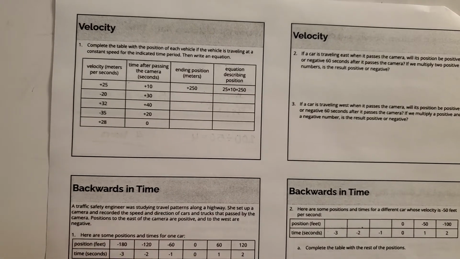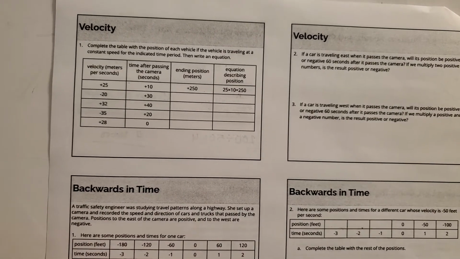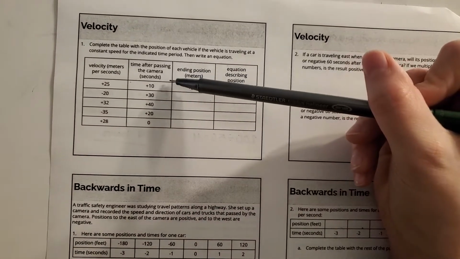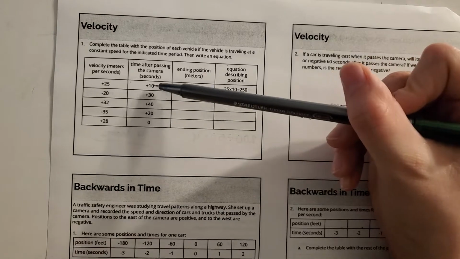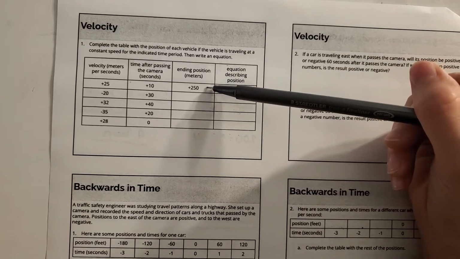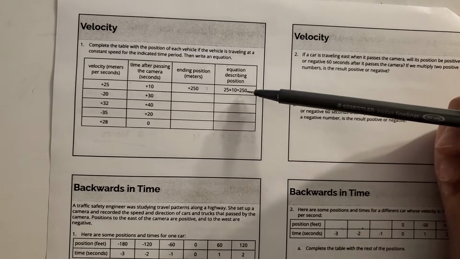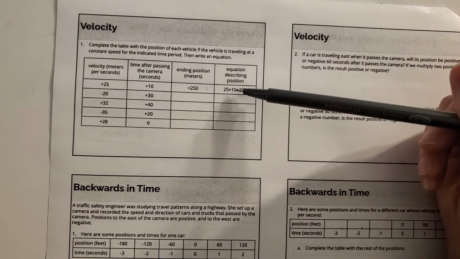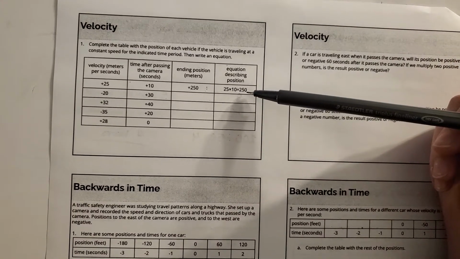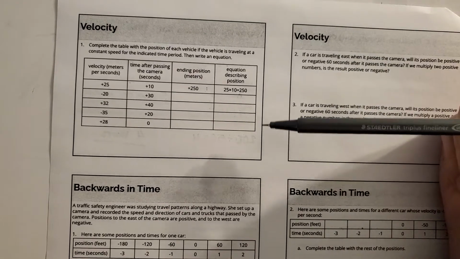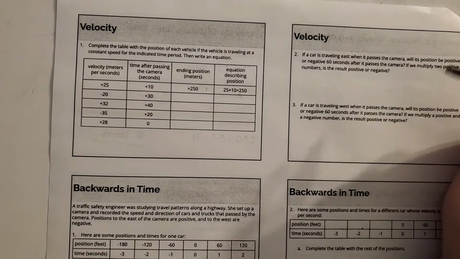Since it is a positive velocity, that means we are moving towards the east. The time after passing the camera in seconds was 10. So the ending position in meters is going to be 250 because 25 times 10 is 250. Go ahead and take 5 minutes to try and fill this table out yourself and then come back.